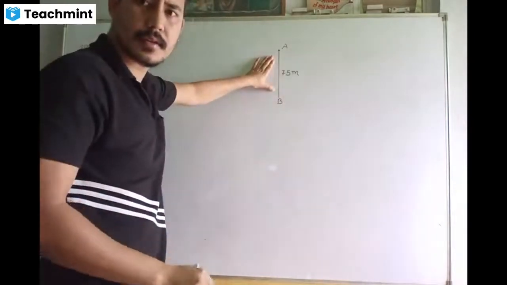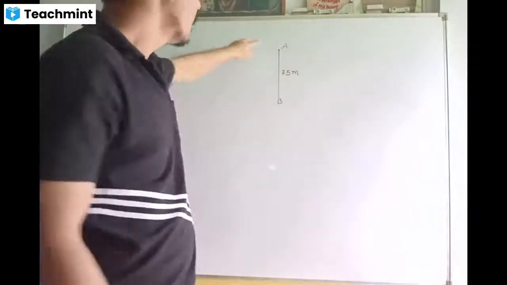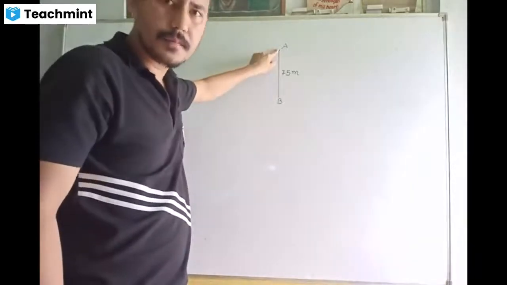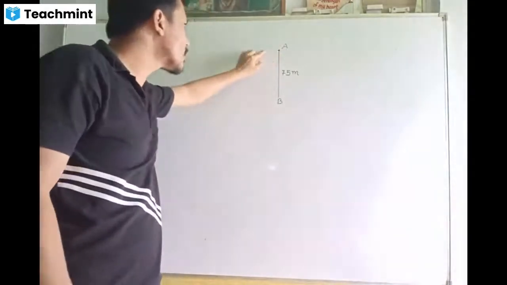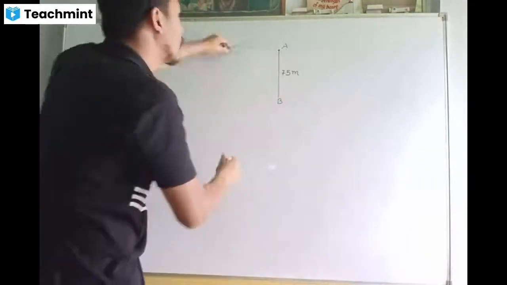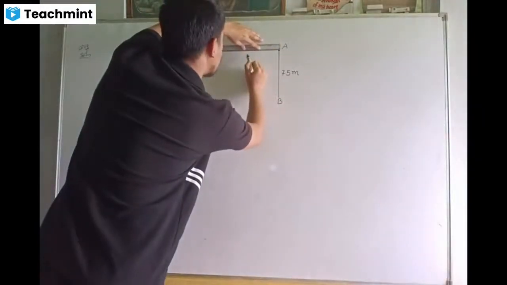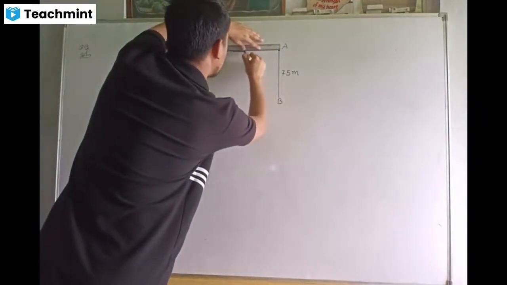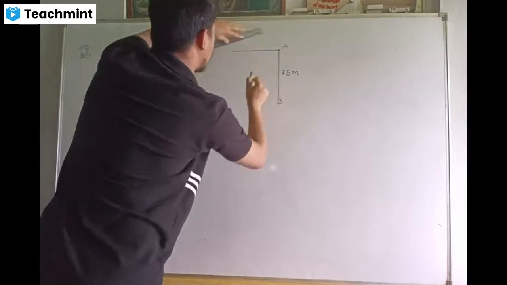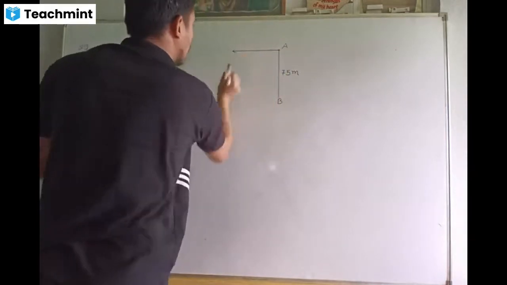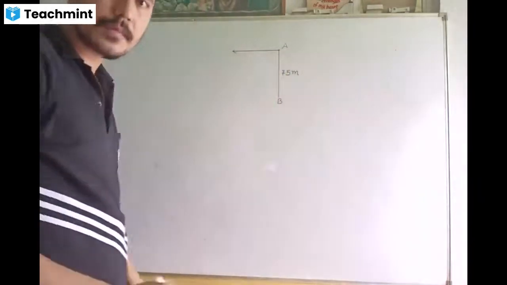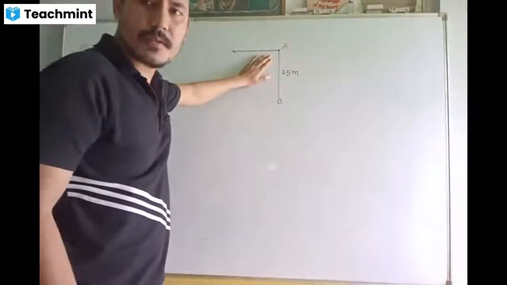Now, from the eye of the observer, we always need to draw a straight line. That straight line will be known as the horizontal line. Is it okay? Now, what is this observer doing?